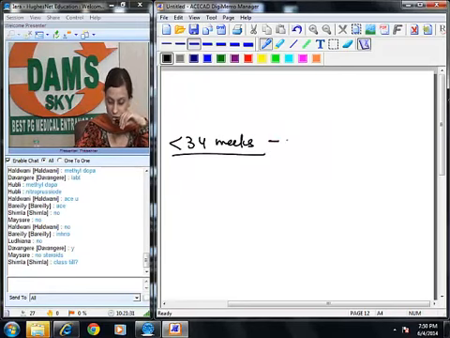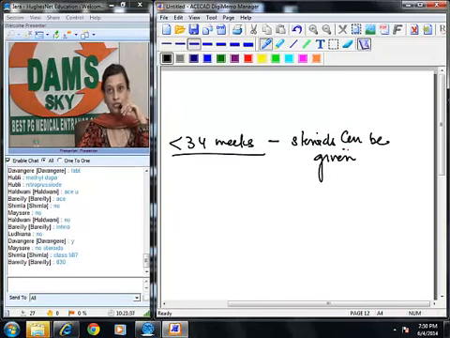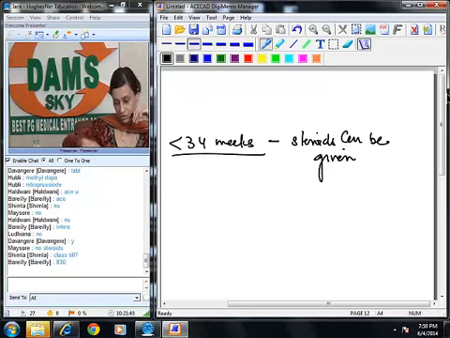So if the baby is preterm, steroids are given. Steroids can be given if the baby is less than 34 weeks for fetal lung maturity, right?